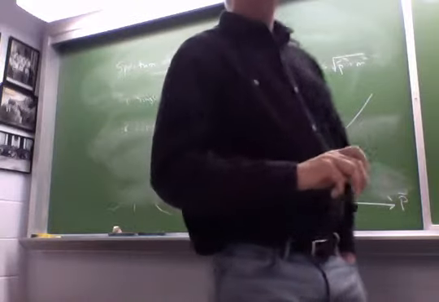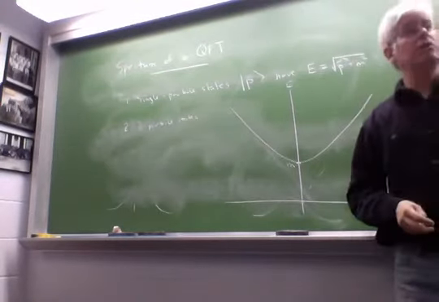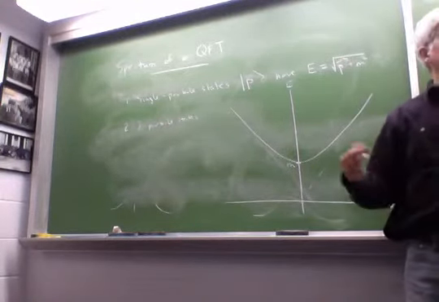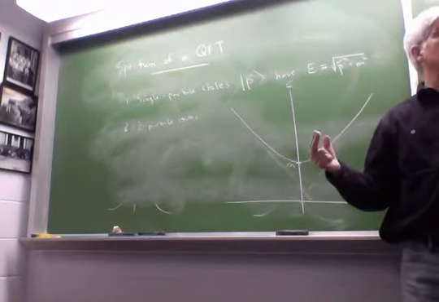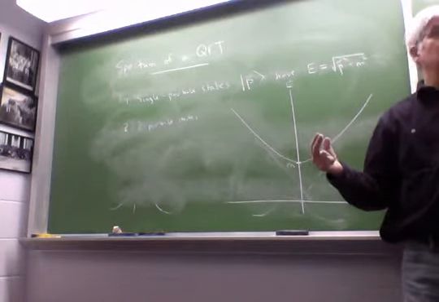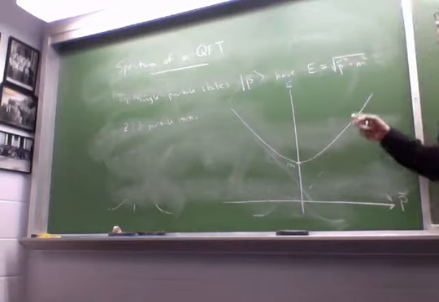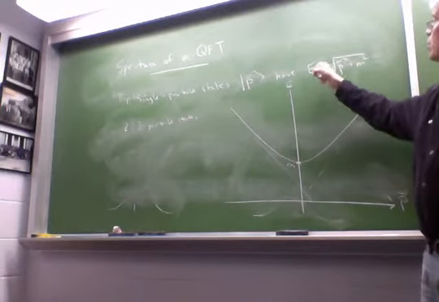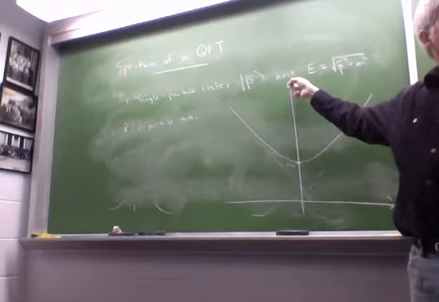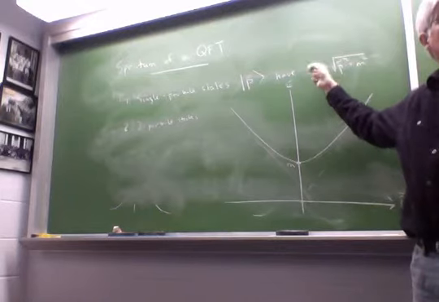Well, even in a non-interacting theory, the total momentum of a two-particle state and the total energy are not, in general, related by this formula here. This is only true for a single particle, right?